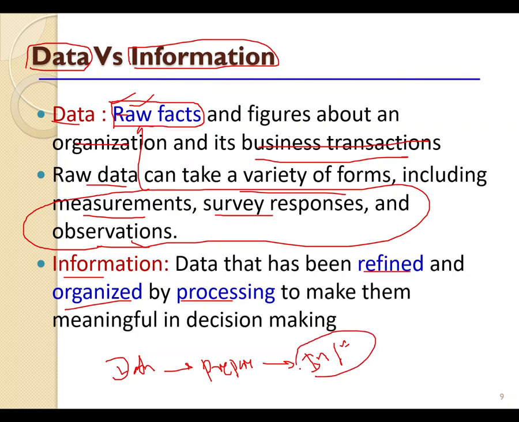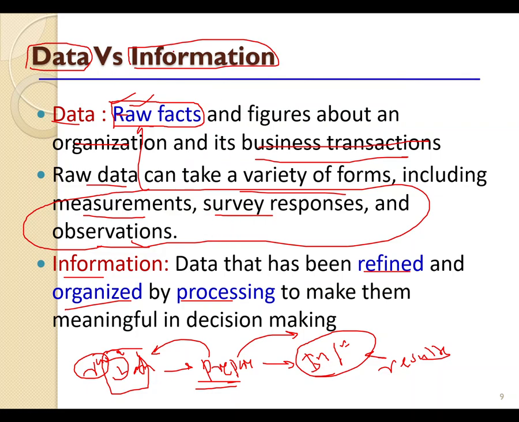So information are always results. Why? We work on data. Data are raw things. They are not processed. Whenever we collect data as it is, they are raw things. And those raw things are prepared, worked out, so that the information is prepared, which are called results. So always information are results.